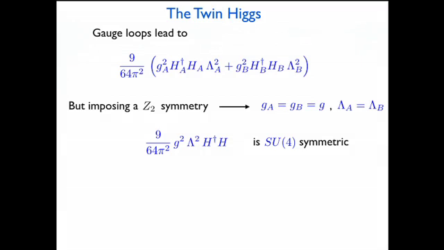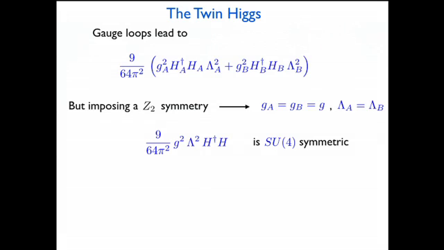However, if I impose a Z2 symmetry such that the behavior in the UV is the same, then the gauge couplings g_A and g_B are the same, and also the cutoffs of the theory are the same, since the Z2 is good in the UV. Then it turns out that the quadratically divergent gauge contributions are of this form.